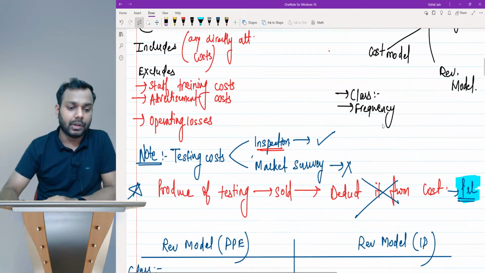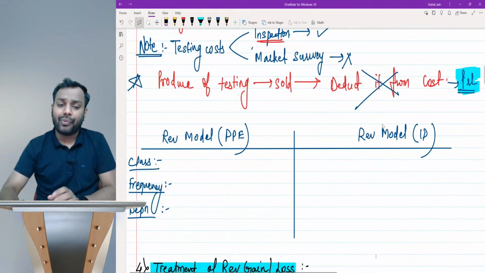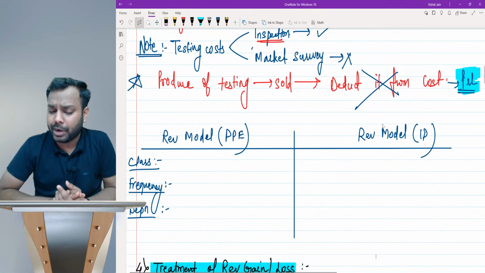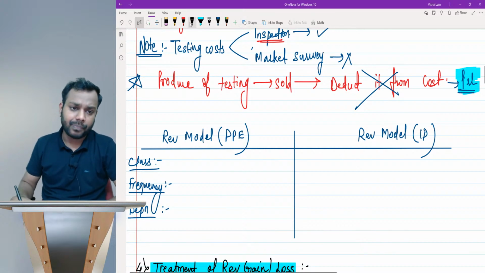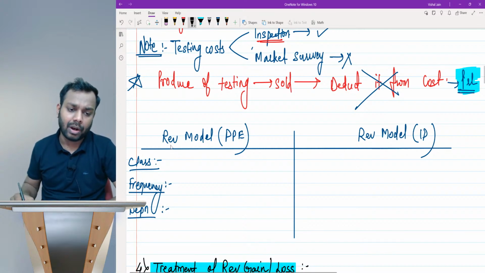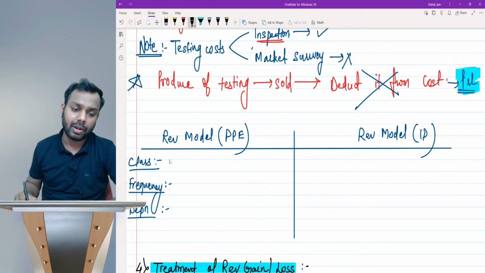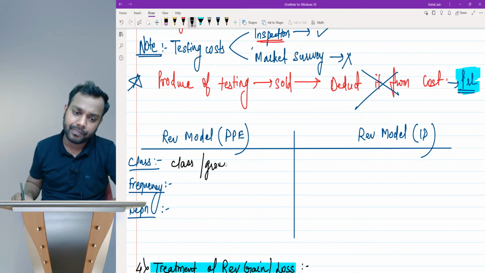Now, what is the difference between a revaluation model of property, plant and equipment and a revaluation model of investment property? As I was telling right now, for revaluation model of property, plant and equipment, this model will be applied to a class or group of assets.